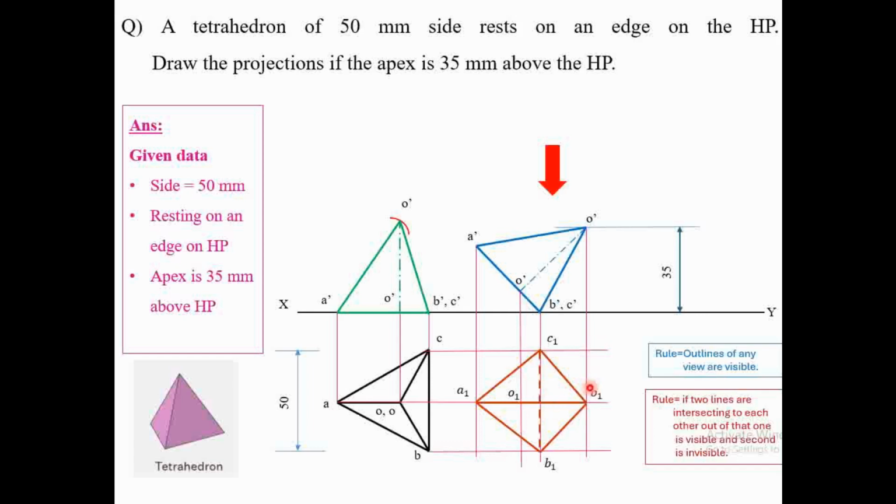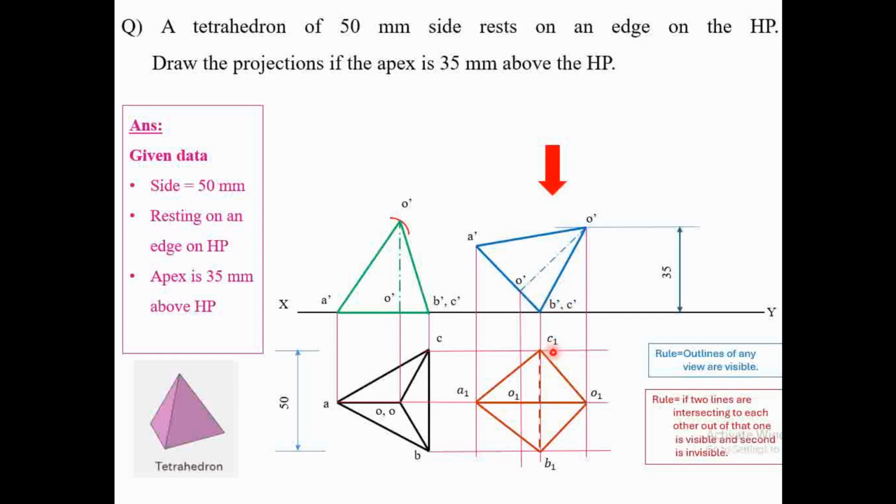There is one more reference. By the observer position, you can identify the B1 to C1 edge, which remains to be represented. Try to identify from the arrow mark whether that edge is nearer or away from the observer in this view. If you consider this arrow, the B dash to C dash edge is somewhat away.